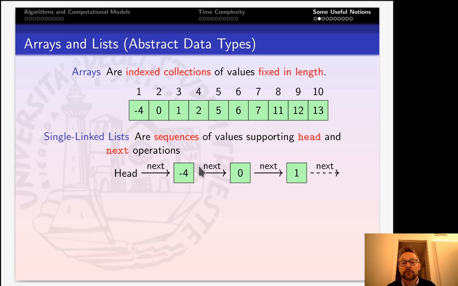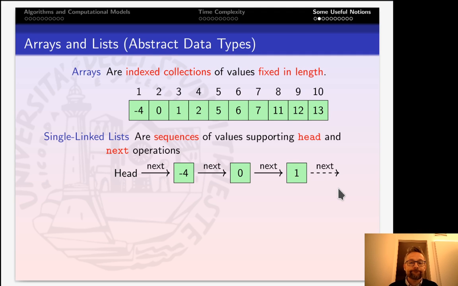So in the example of the slides, you may ask what is the number in the head of the list, and you end up discovering number -4. And once you are in the head, you can call the next operation and move from -4 to 0, and then to 1, and then so on and so forth.